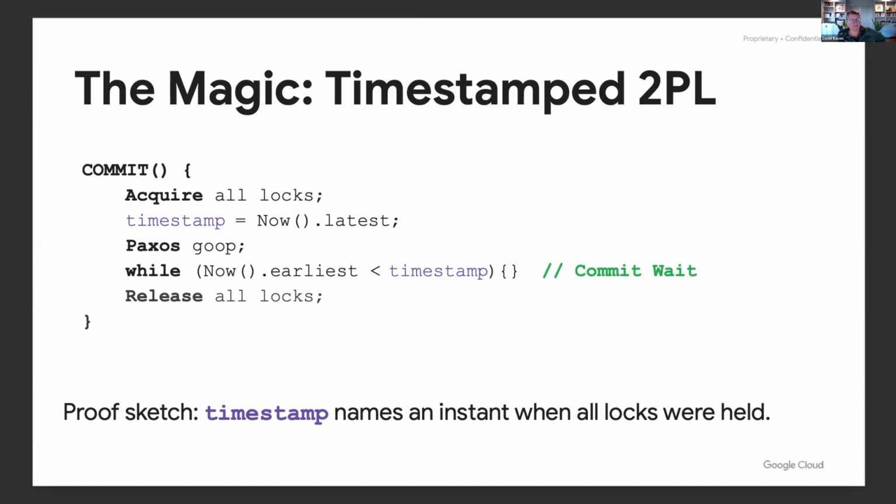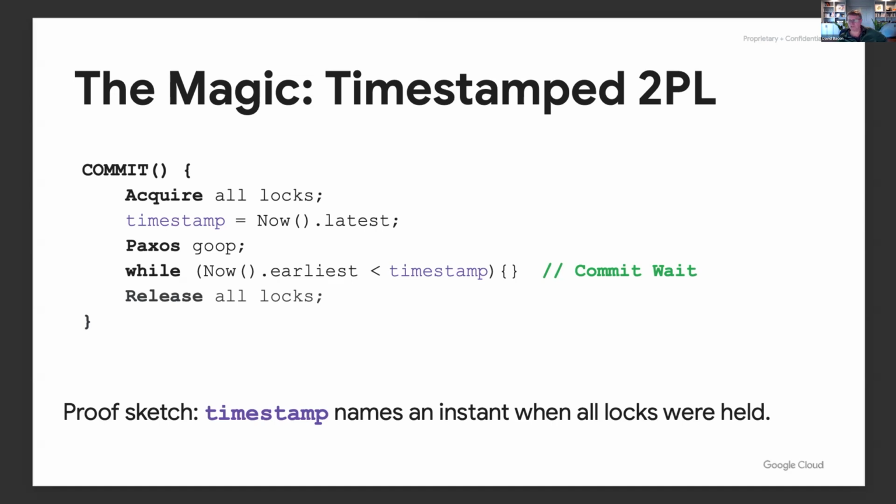And so the way the transaction commit flow works is you acquire all the locks, and then you query TrueTime for the time interval now, and you select the latest possible value of the TrueTime interval as the timestamp for the transaction.